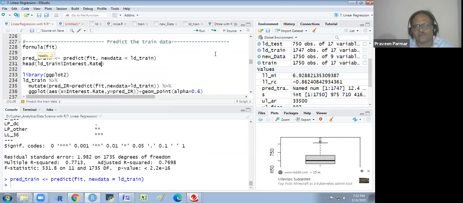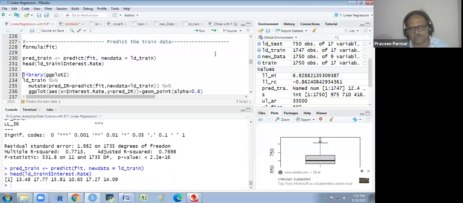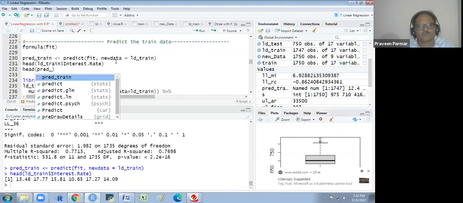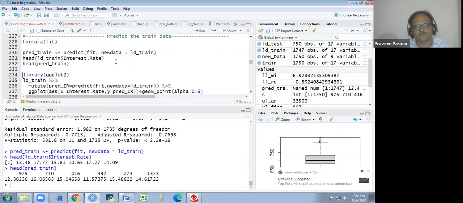These are the actual interest rates we have. Now I will show you the head of the predicted. You see, this is the actual interest rate and our model predicted this one.